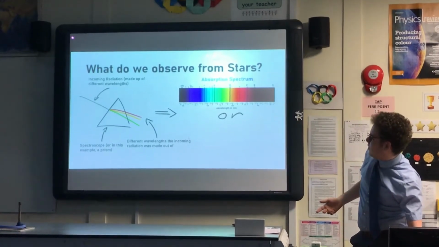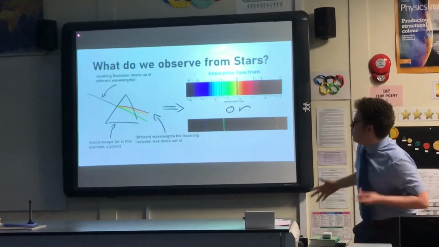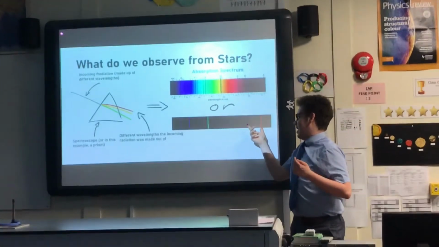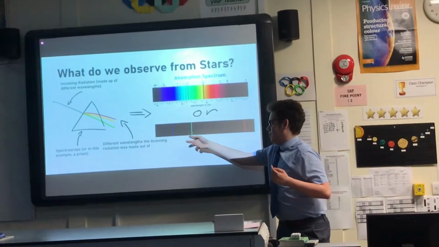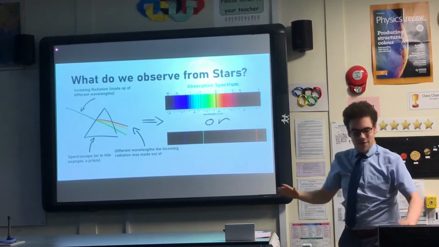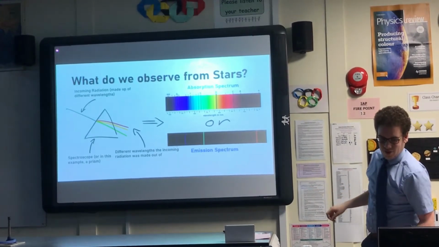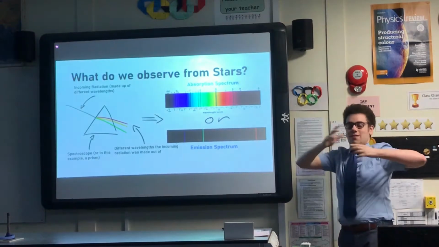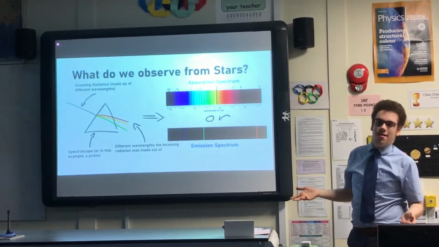Or we can observe something like this, where we only get specific wavelengths through. So in this case, red, green, blue, and purple, and we're not seeing everything else. This is called an emission spectrum, because these are wavelengths that have been emitted by a gas somewhere.